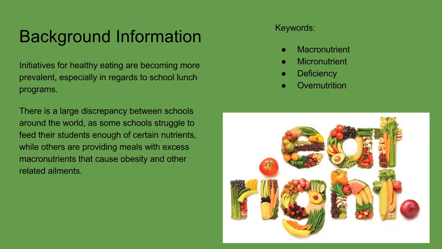If you're not receiving enough of certain nutrients, more commonly the micronutrients, there might be a deficiency, and these can over time cause health problems. Iron deficiency is one that I'll talk about today, as well as the concept of overnutrition, which is where people are getting too much of various macro or micronutrients, and that also has negative health effects. So that's a range of some of the keywords.